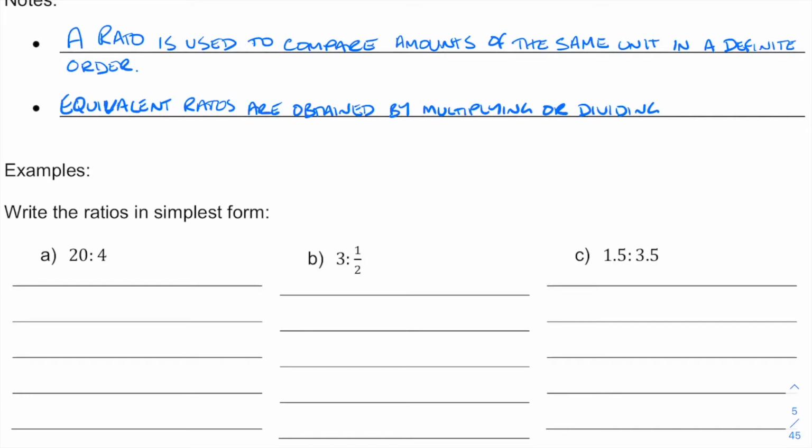Okay, so we can go either way. We can multiply or we can divide, but it needs to be by the same number. Okay, if it's not the same number, we're not going to have an equivalent ratio anymore. Things aren't going to match up the way they're supposed to.